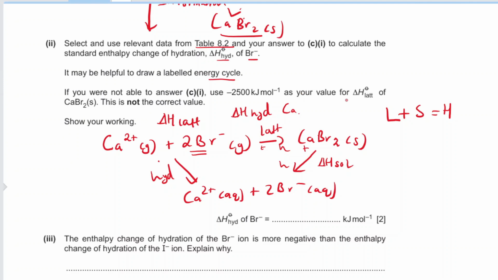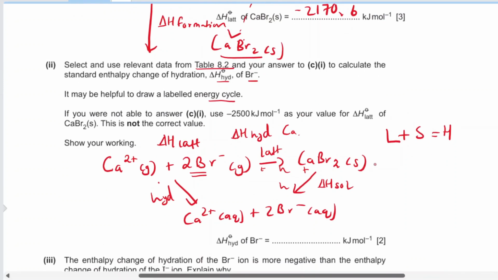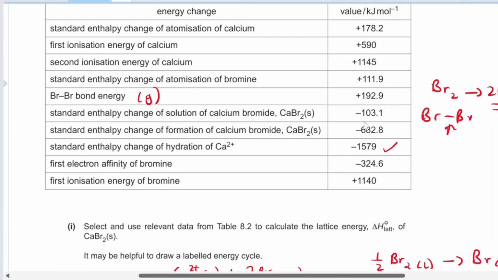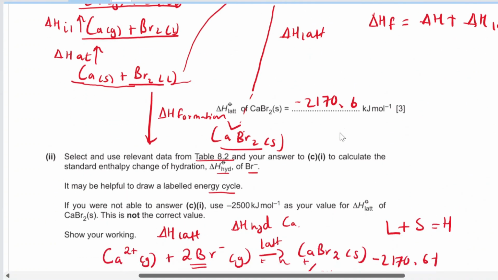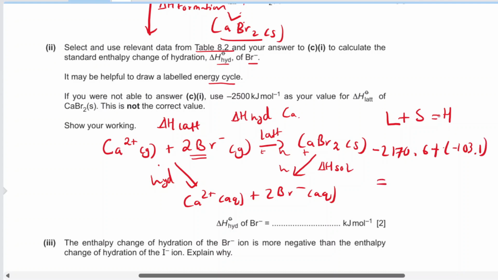Enthalpy change of lattice, we have it above. It's negative 2170.6. Plus the enthalpy change of solution, which is also given, negative 103.1, equals hydration.